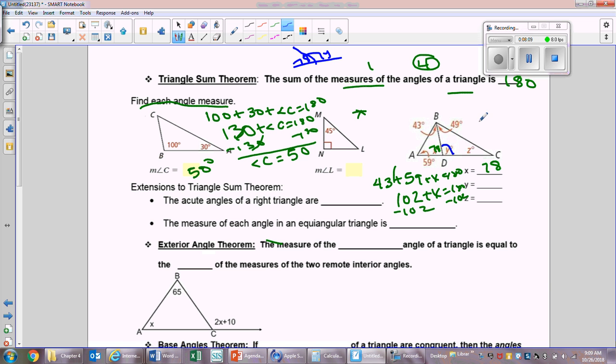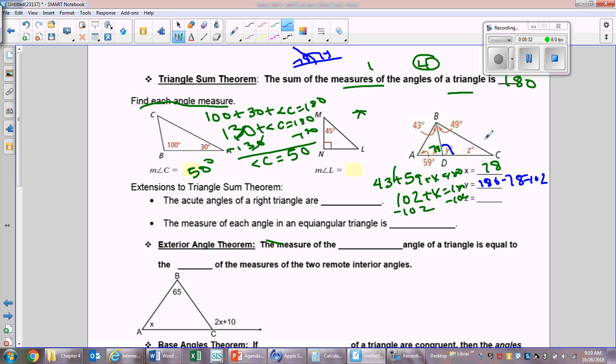Okay, I hope you guys got it. A straight line adds up to 180. So to solve for y, I can do 180 minus 78. Okay, so 180 minus 78 will give you 102. So y would be 102.